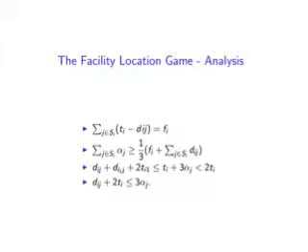First observe that for any two facilities i and i prime in F prime, Si and Si prime are disjoint. The sets of agents corresponding to the two facilities are different agents.